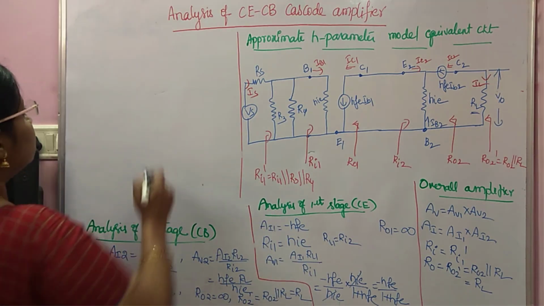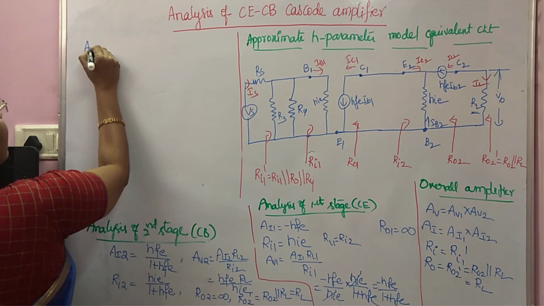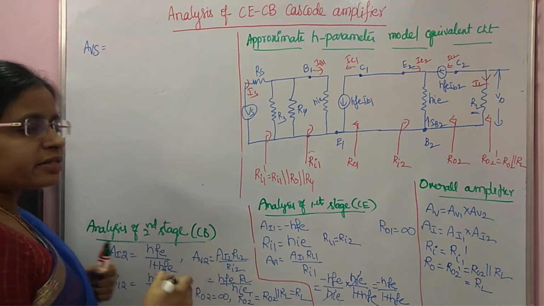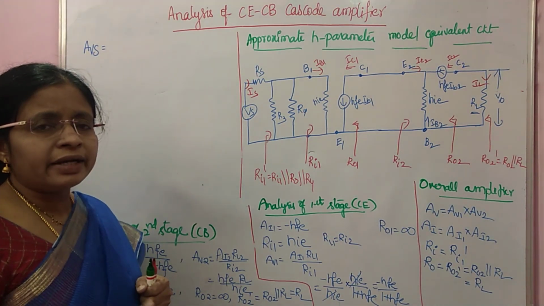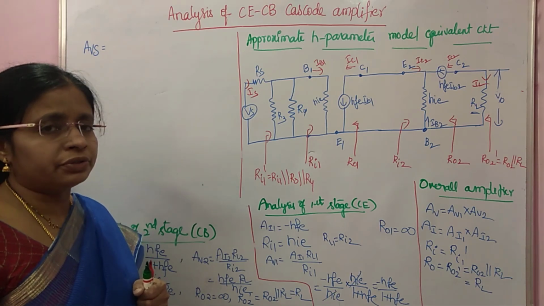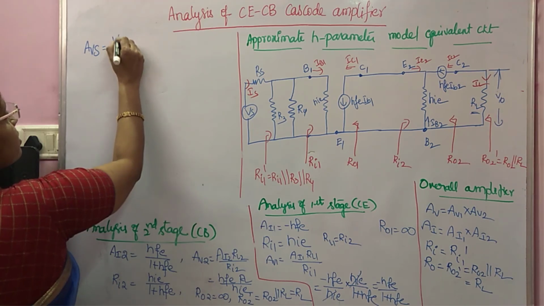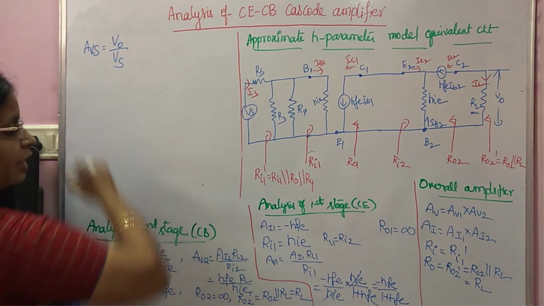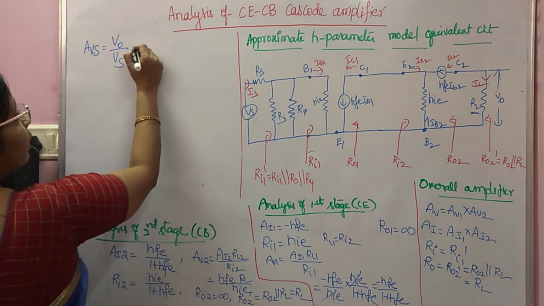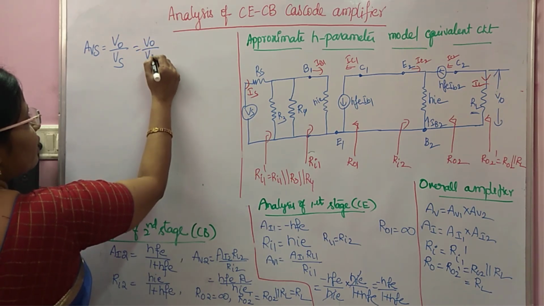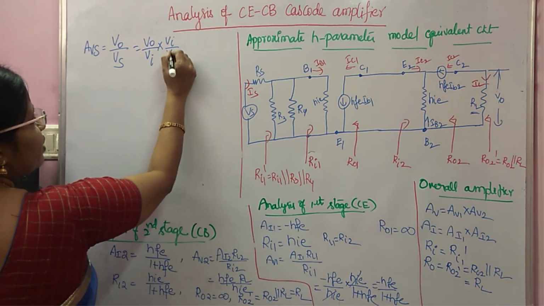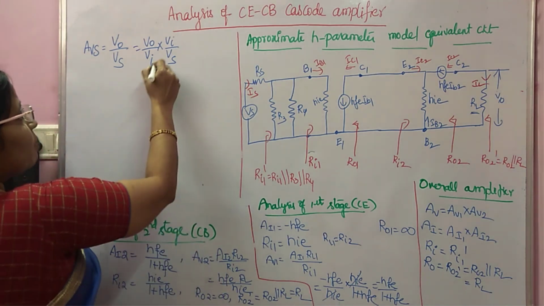Coming to AVS. What is AVS? Voltage gain taking source resistance into account, that is V0 by Vs. You can write it as V0 by Vi into Vi by Vs. What is V0 by Vi?